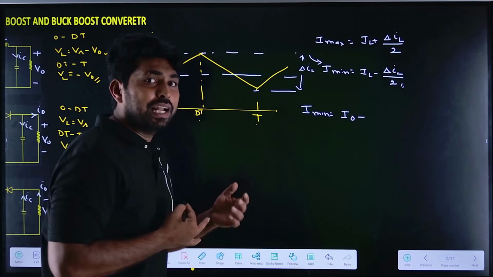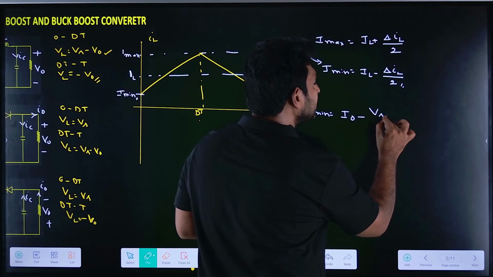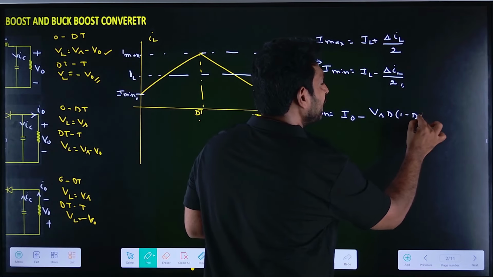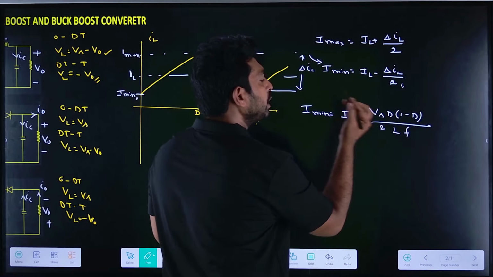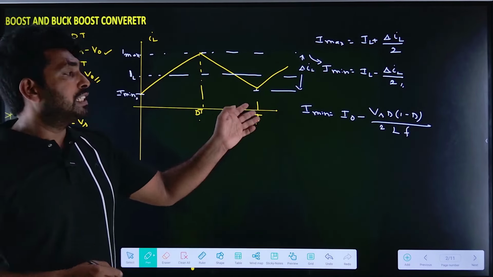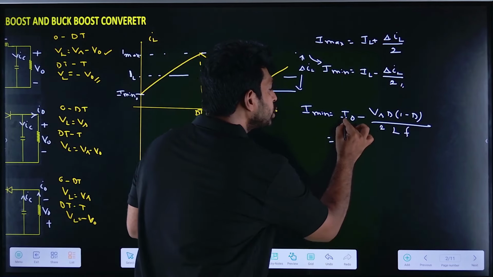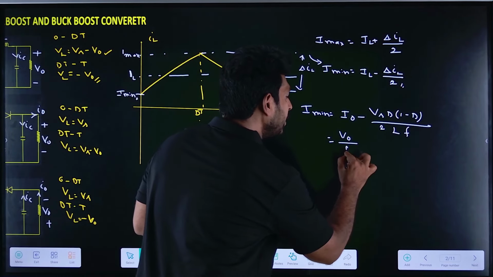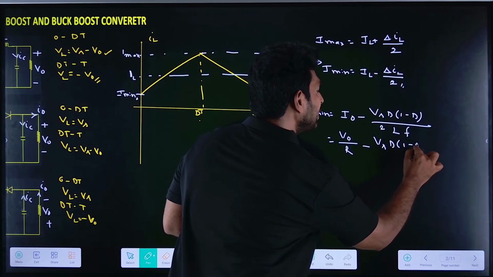So delta IL, which we have already derived, equals Vs into D into 1 minus D divided by LF, and here with the 2 it becomes 2L. So I minimum equals I naught, that is V naught by R, minus Vs into D into 1 minus D divided by 2L.